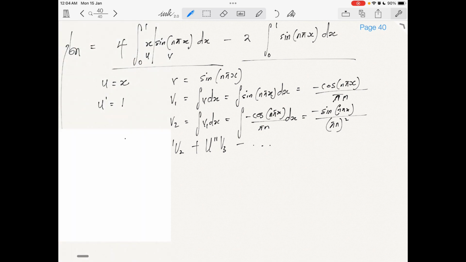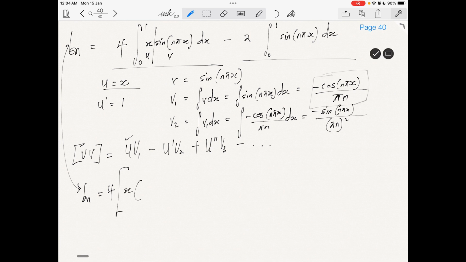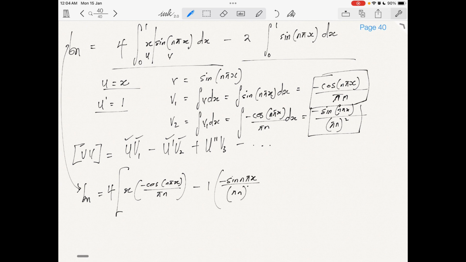We're going to have u, which is x, multiplied by v1, minus cos n pi x over pi n, minus u prime, which is 1, multiplied by v2, which is minus sine n pi x over pi n squared, minus here.